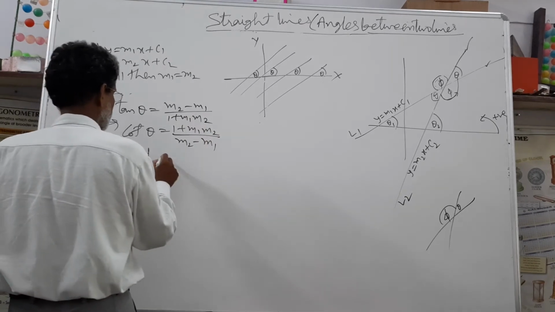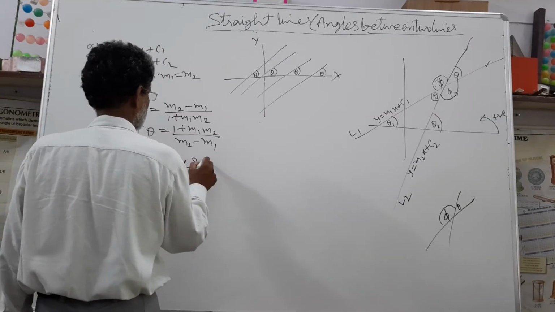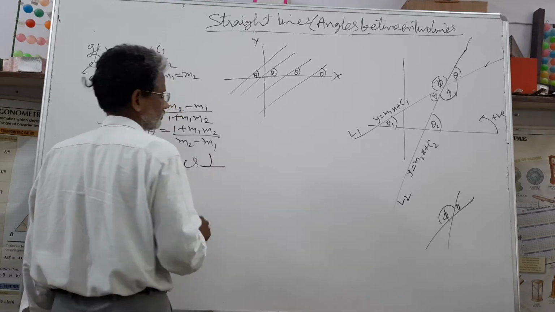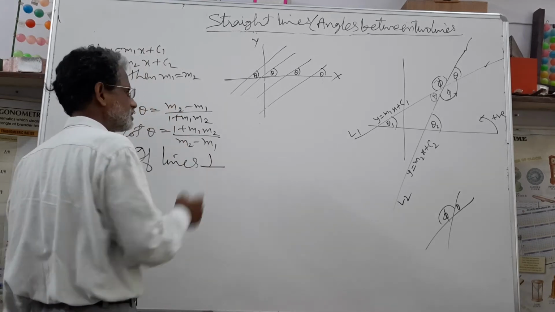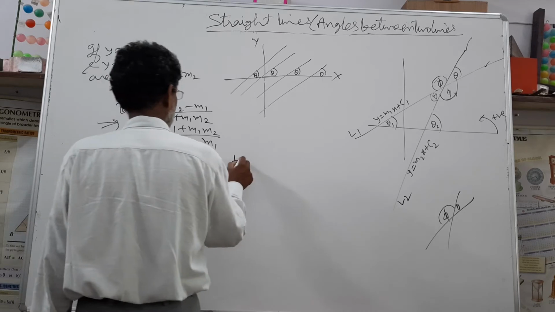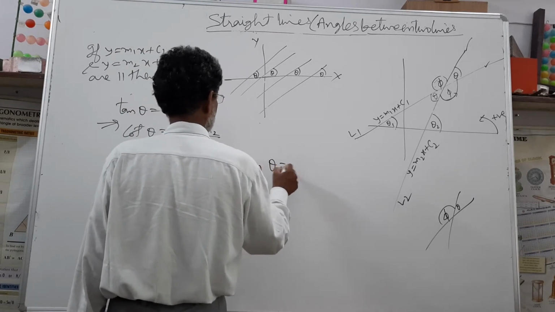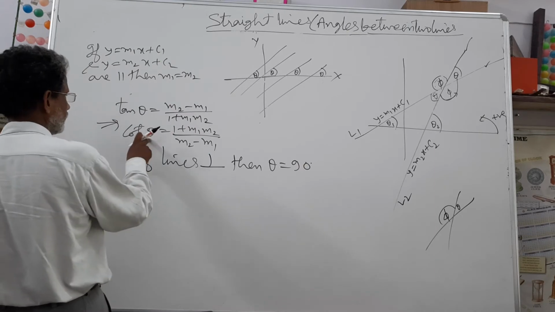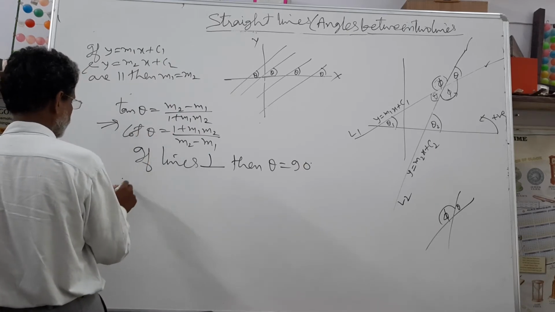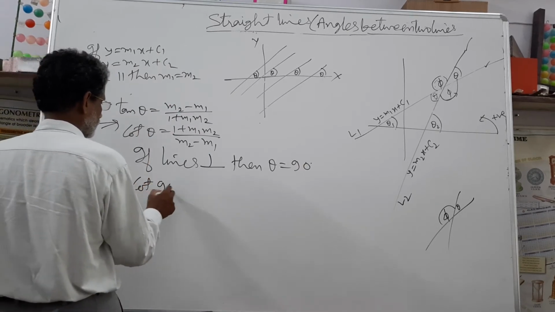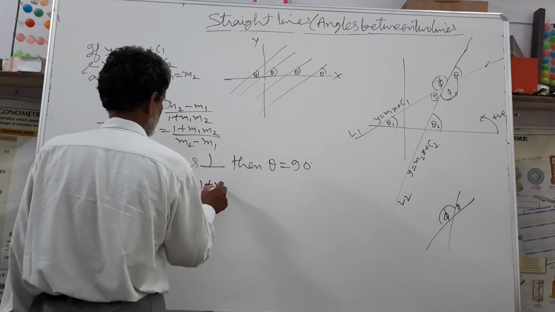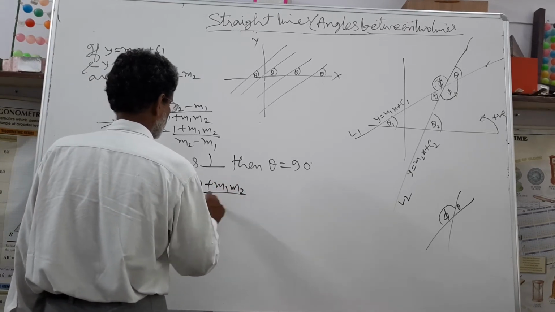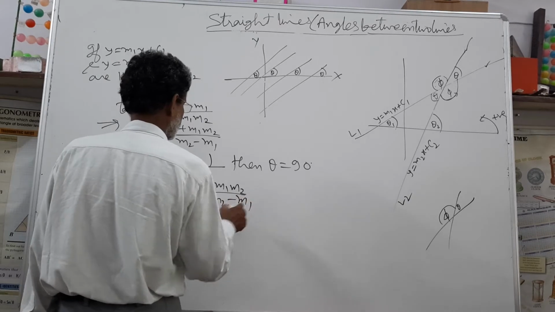If lines are perpendicular to each other, then theta is equal to 90 degrees. Put theta as 90 here. Therefore, cot 90 is equal to 1 plus m1 m2 upon m2 minus m1.